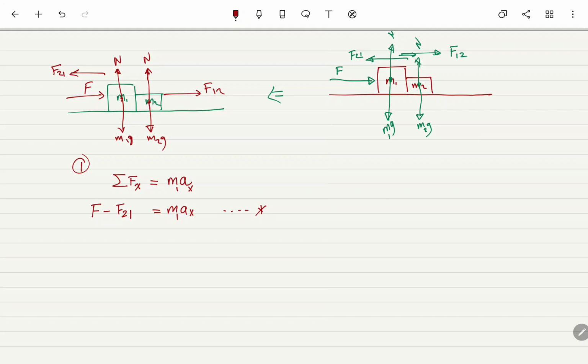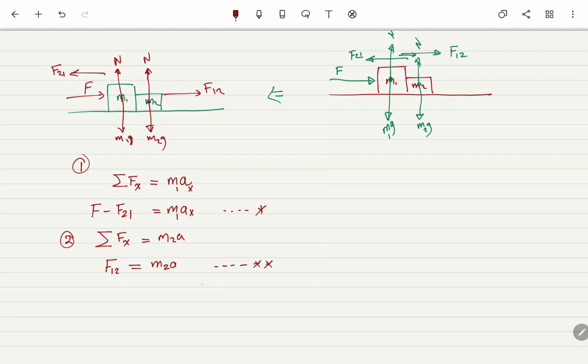Now on the second system, the sum of all forces acting on M2 equals M2 a, so F12 equals M2 a. This is the second equation.